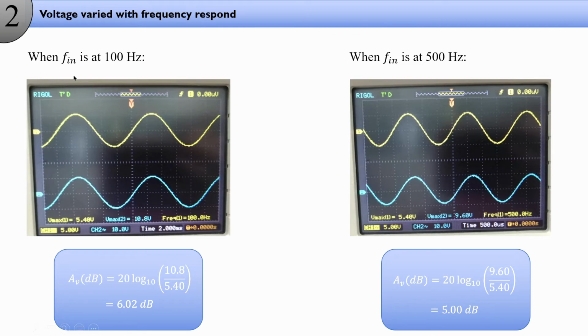When the input frequency is 100 Hz, the output voltage is 10.8 volt, which gives a gain of 6.02 dB. Same here, input frequency 100 Hz, we get an output voltage of 9.6 volt, and a gain of 5.00 dB.